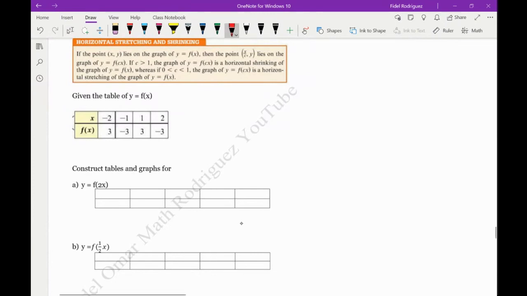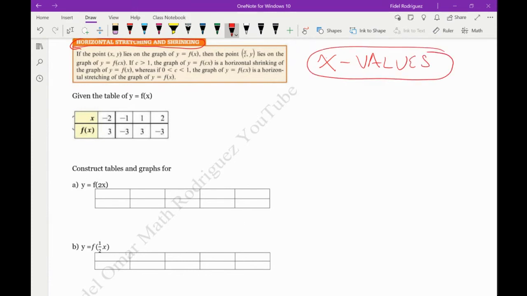Now we're talking about horizontal. Okay, so guys, if we're doing this horizontally, that means we are now changing our x values. I want you to notice what we have. Just like we did before, when we have a function that looks like y equals f of x, my points are going to be x and y.